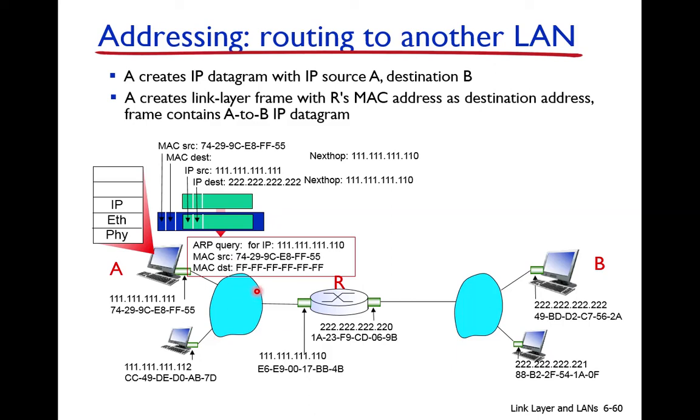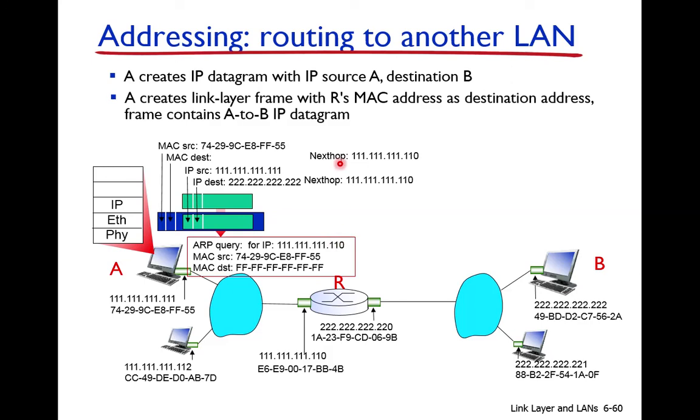So this is host A. It generates an ARP query message with the source address of host A itself, and the MAC destination address is FF. And this query means that host A is looking for the MAC address of IP address 111.111.111.110.